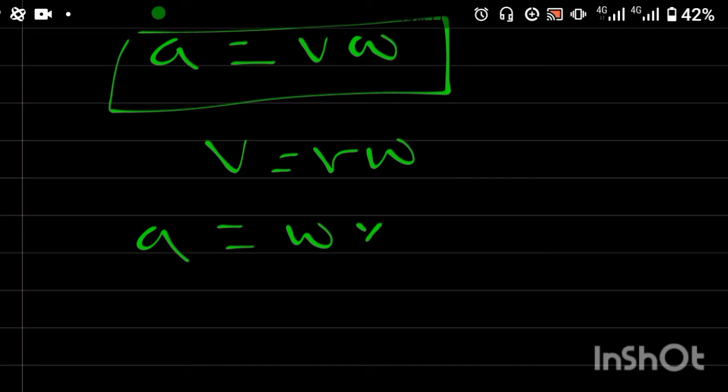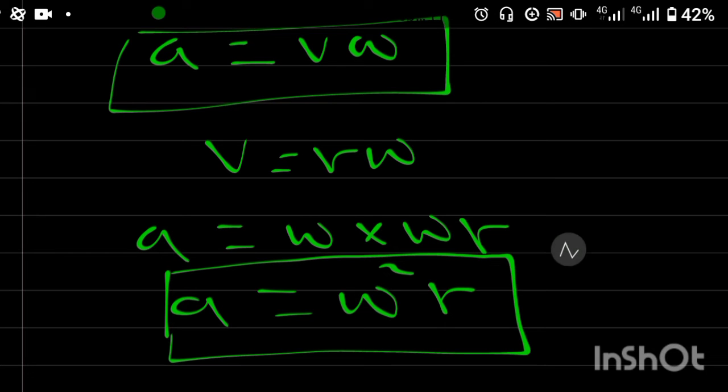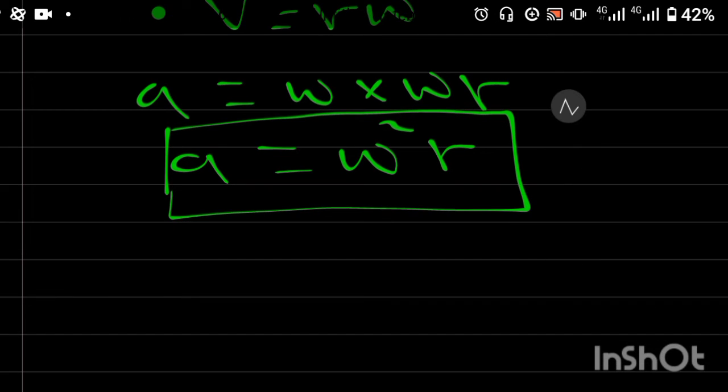Omega times omega R. Therefore, acceleration is equal to omega square R. This is another formula for acceleration. As a physics student, you must know how to relate one formula from one form to another. These are linear acceleration in relation to angular velocity and the radius of the circle through which the object is moving.